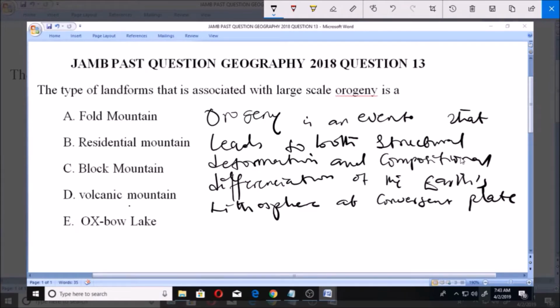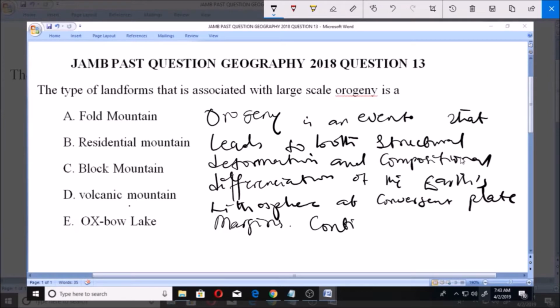In other words, a continental plate crumples and is pushed to form mountain ranges. So we have continental plates crumbling and being pushed to form mountain ranges.